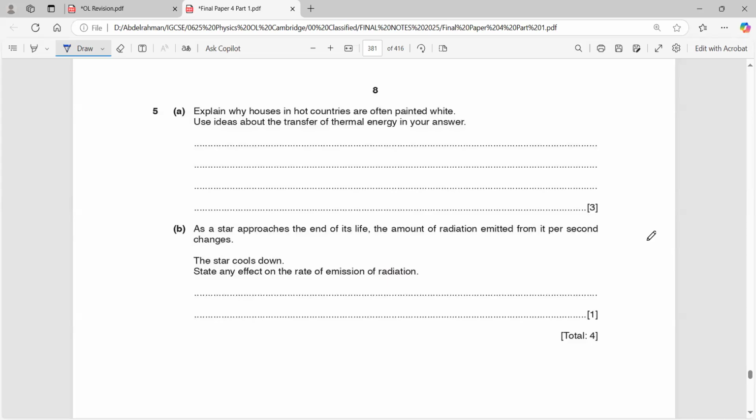Explain why houses in hot countries are often painted white. In hot countries, why do we paint the houses white, يا شباب؟ Because white surfaces are best or worst؟ لا, white surfaces are the worst.